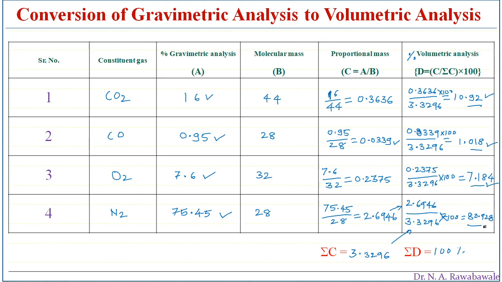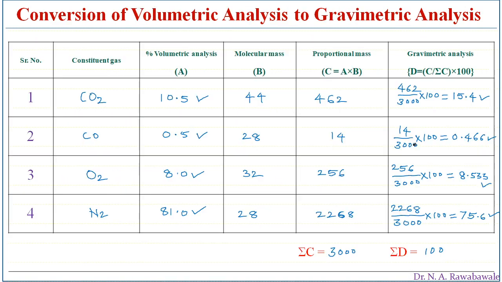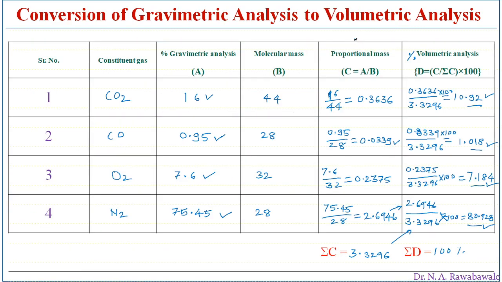On volumetric basis it is 80.92%. So this is how we convert gravimetric analysis into volumetric analysis, and in the previous case we have seen the conversion of volumetric analysis into gravimetric analysis, also in percentage.